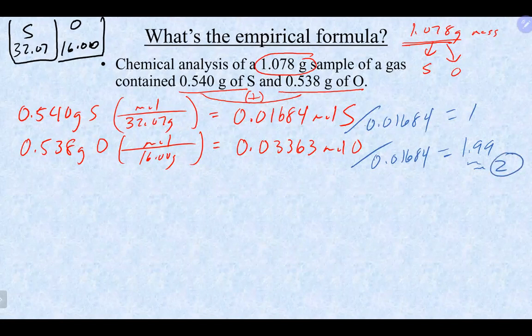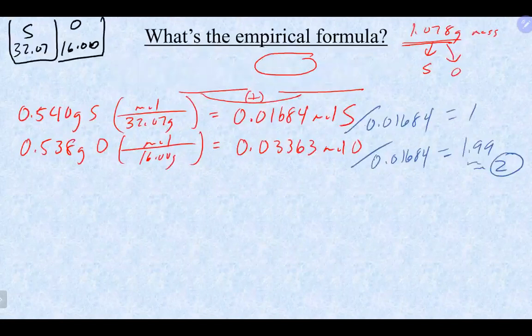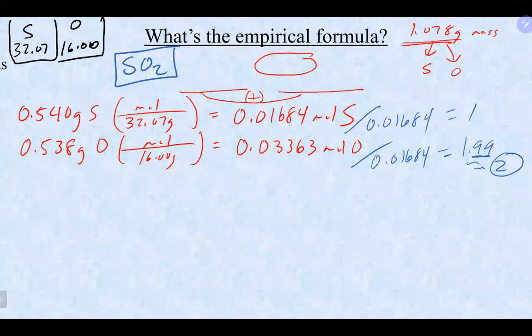That would then give us our empirical formula here of SO2. Any questions on that one? So again, this is a situation where it's definitely close enough to round. Even if we got something like 2.001, it would also be close enough to 2.